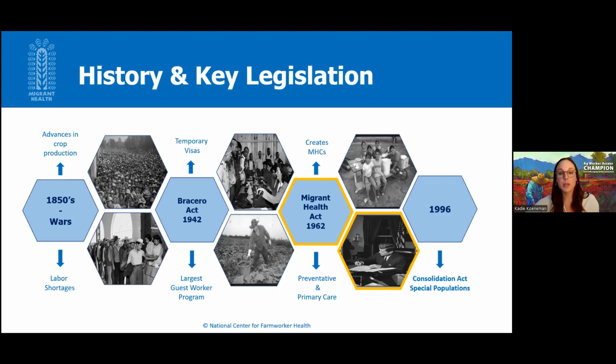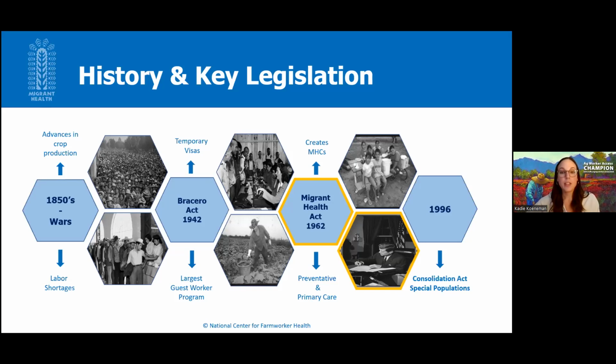Although the Bracero Act was devised to meet the World War II shortages, the program continued until 1964, ultimately employing 5 million Mexican laborers. In 1952, the H-2 program was established. This program is similar to the Bracero, but requires certification of labor shortage to legally import workers. This program is still in existence today as the H-2A program.